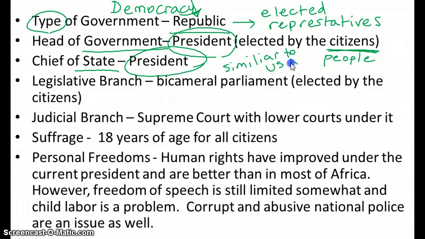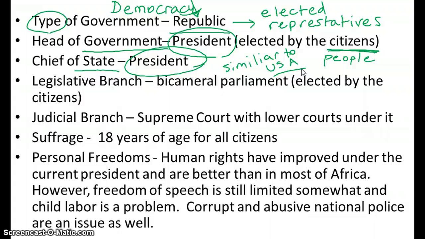All right, so let me get this straight. In Kenya, the president is elected by the people, just like the United States. And just like the United States, the head of government and the chief of state is the president, the same person. Correct. Okay, I'm good. Yep, I got it.